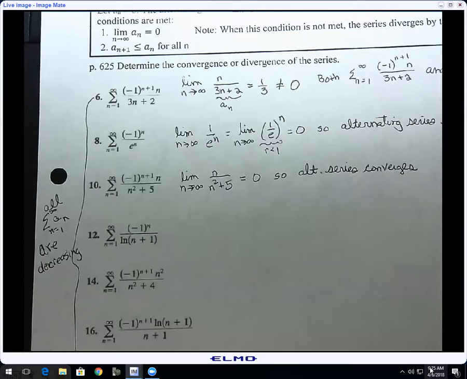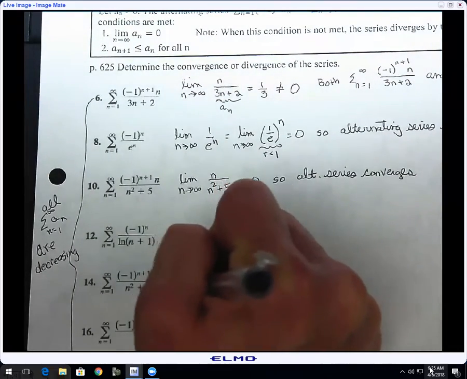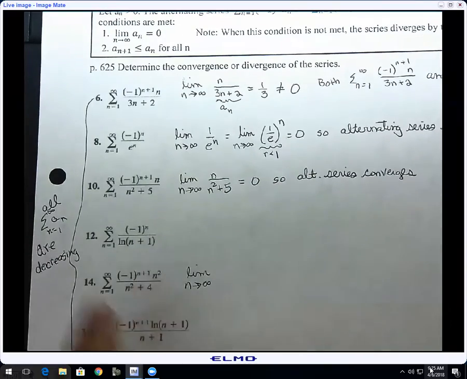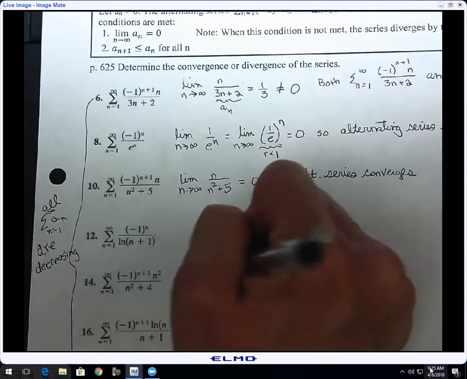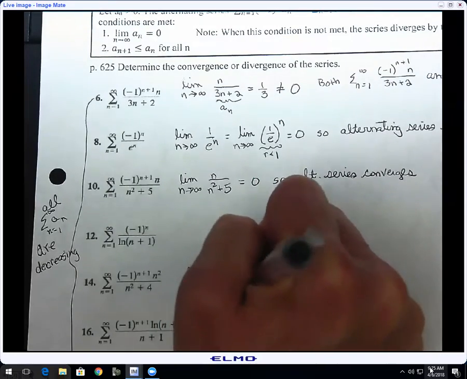All right. This is seeming easy enough. I'm wondering if we can skip some. Anything terribly exciting? What about 14? The limit as n goes to infinity of the series without the alternating part would just be n squared over n squared plus 4.